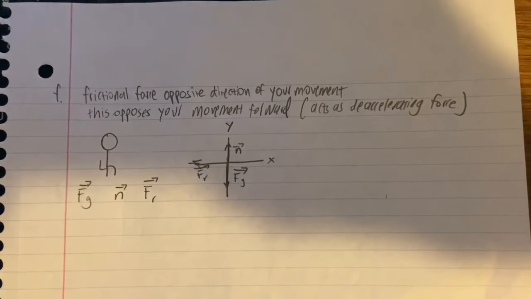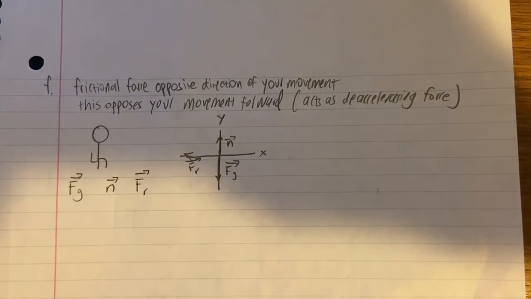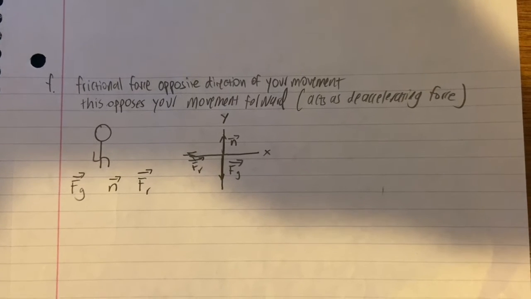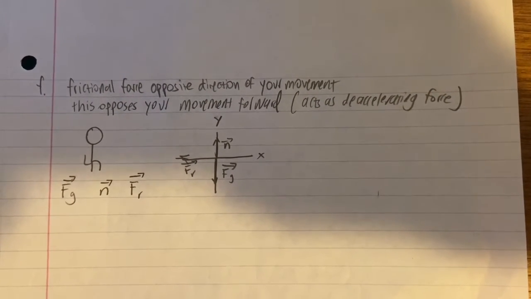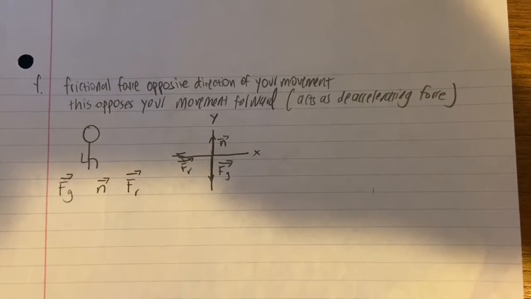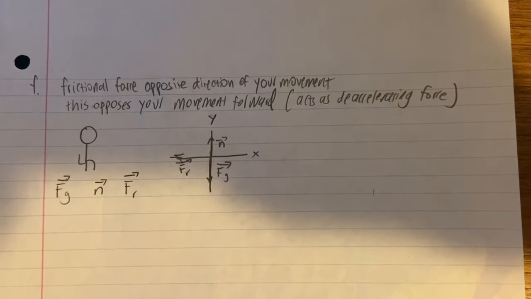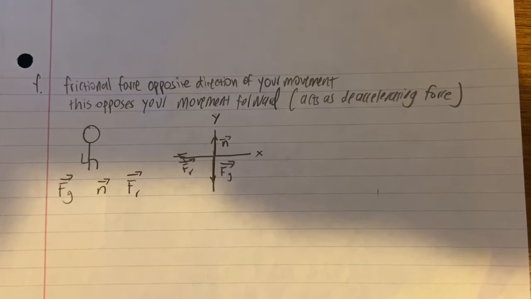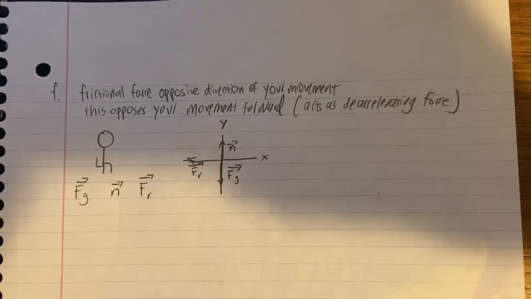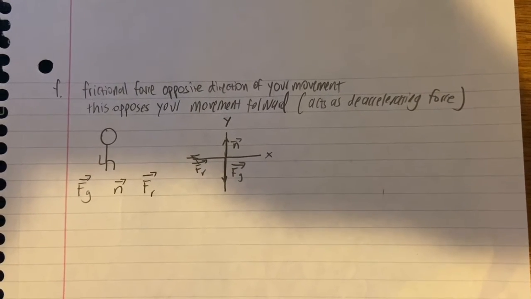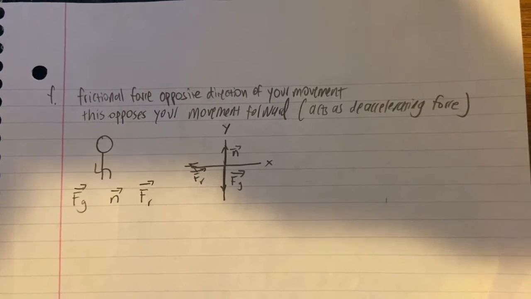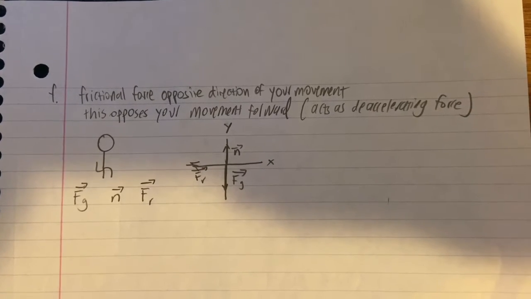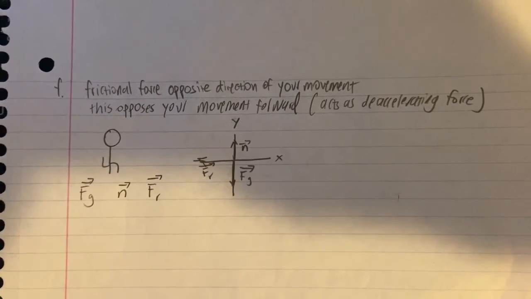So now in this last part, the problem states that the benches are not slippery. So we can infer that there's some type of friction on the bench. This new frictional force is going to be in the opposite direction of your movement. In this situation, the person was moving in the positive x direction, so now the friction force is going to point in the negative x direction, opposite of the movement.